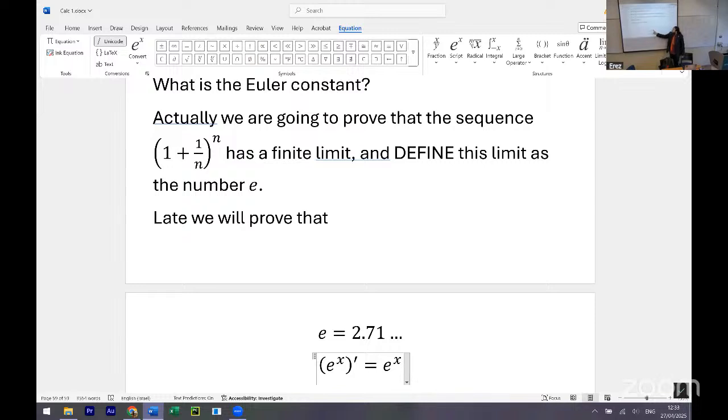I define e as the limit of this sequence, and using that definition, I will prove to you that the first couple of digits are this. It has an infinite number of digits. I will not show you all of them in this course. Kidding. And I will prove to you that the derivative of e to the x is e to the x.